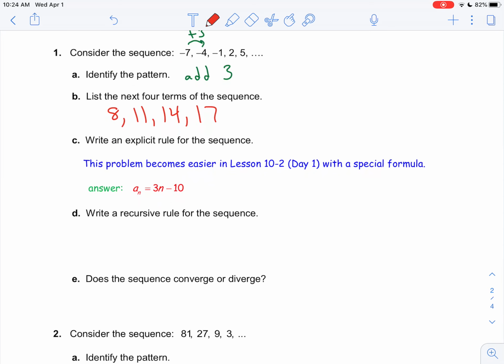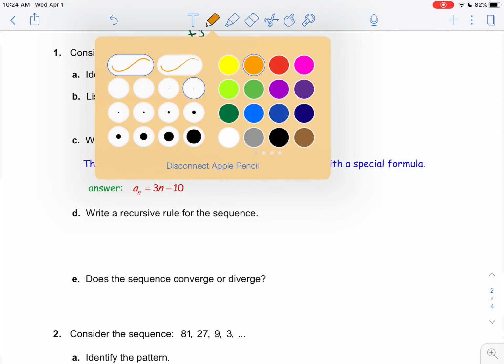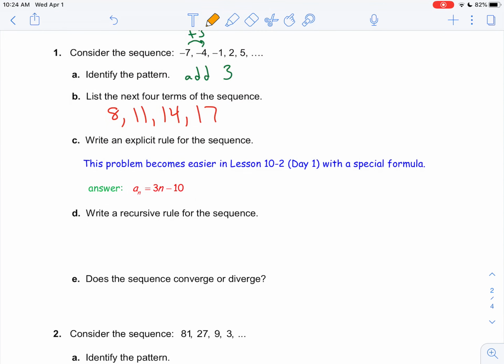I think it's worth mentioning a little side note here because it's your first day ever talking about a recursive rule, and they will come back pretty much every day of this chapter. So I want to add a little side note. Maybe you'll want that too. A recursive rule has two parts.